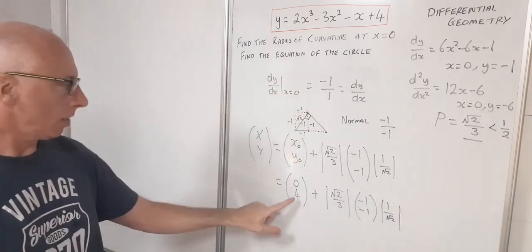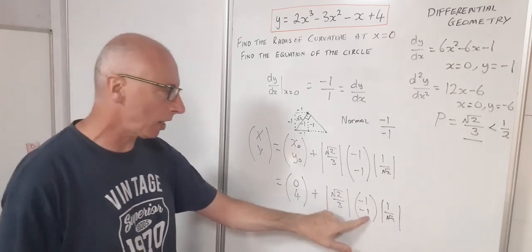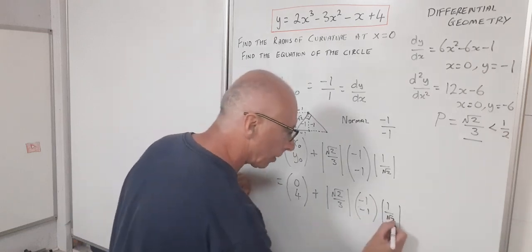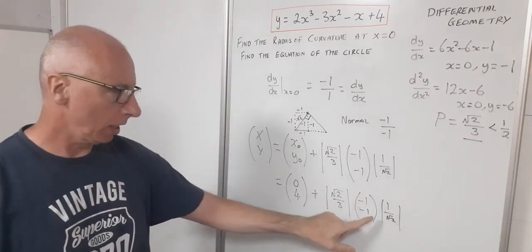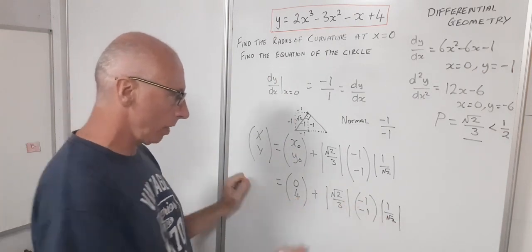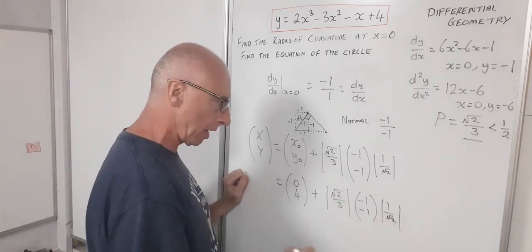Okay, so now let's multiply by the scalar multiples and this vector here, -1 and -1. So if we've got here √2 over 3 times -1 times 1 over √2, we'd end up with the √2s cancelling, and then we'd end up with -1 divided by 3.